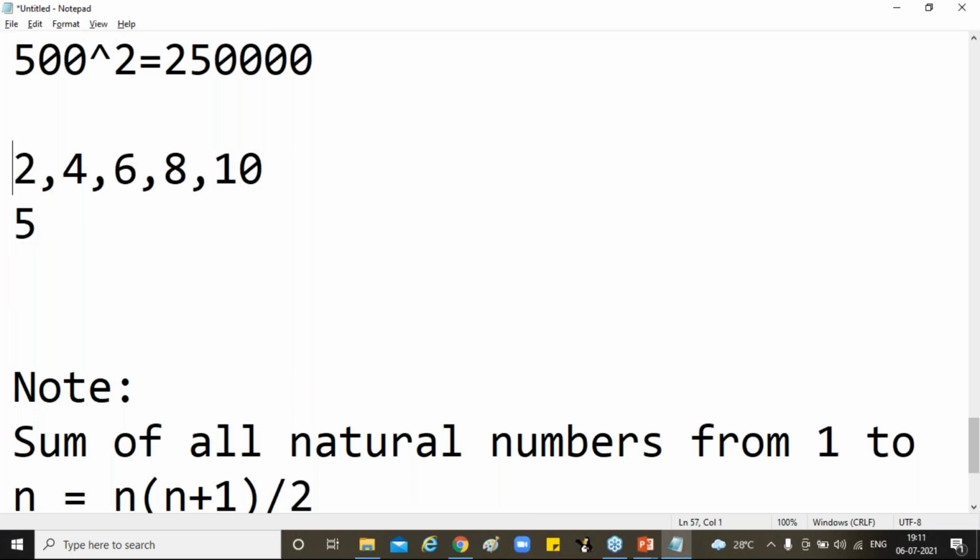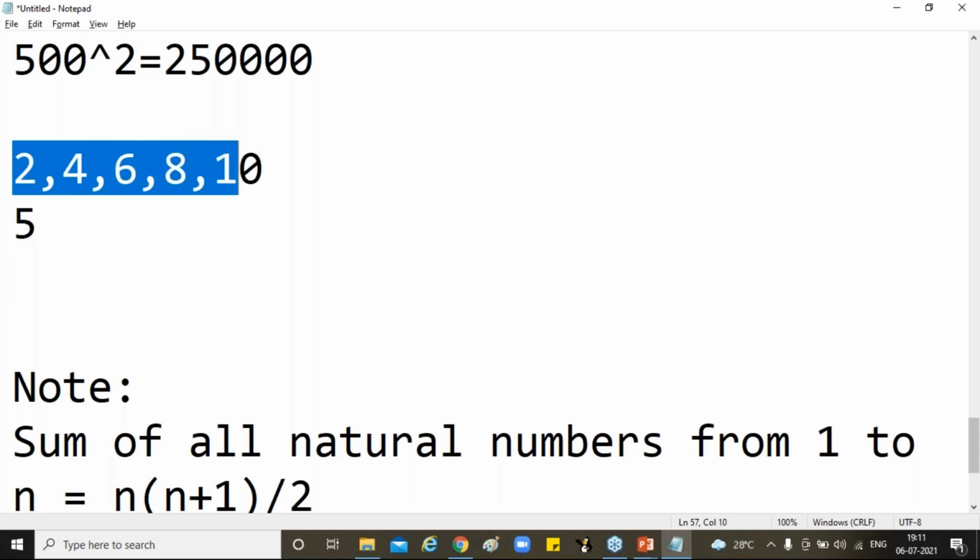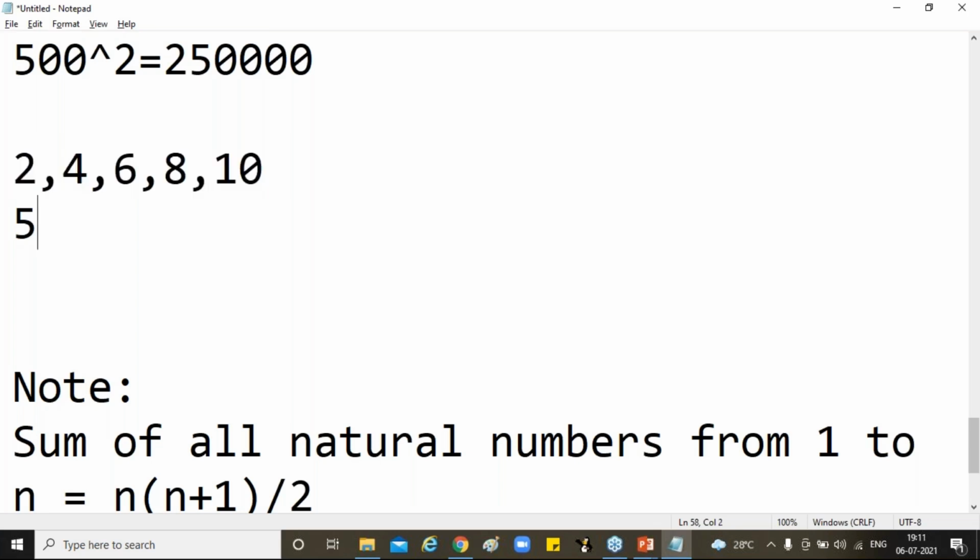In the manual method, 2 plus 4, 6, 6 plus 6, 12, 12 plus 8, 20, 20 plus 10, 30. So 30 is the sum of how many even numbers? 5 even numbers. Whenever the number of even numbers is 5, the sum should be 5 into 5 plus 1.